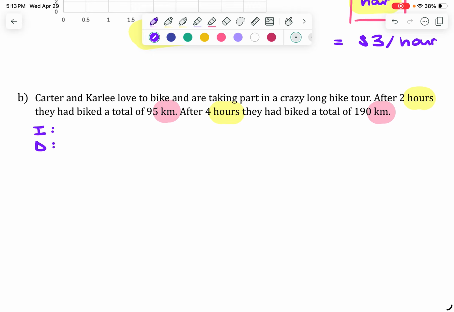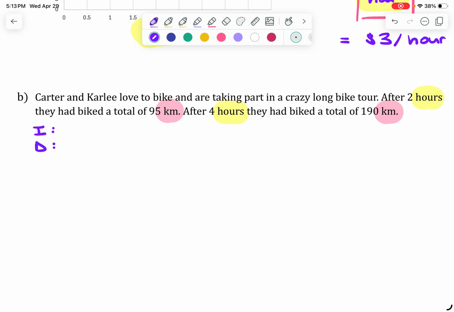And the other one's measured in kilometers, and that's got to be distance. Now, when we take a look at independent and dependent, pretty much 95% of the time time is going to be the independent variable. So I'm going to put time there, and I'm going to measure time in hours. And my dependent will be distance in kilometers.